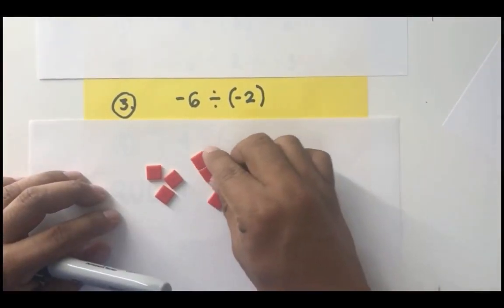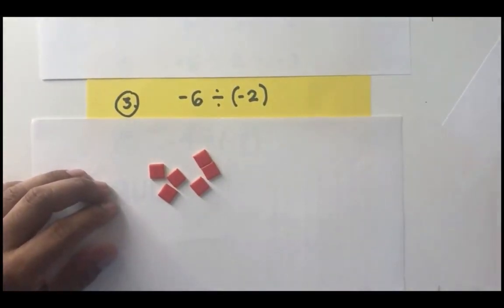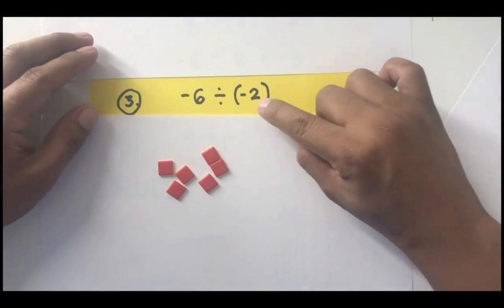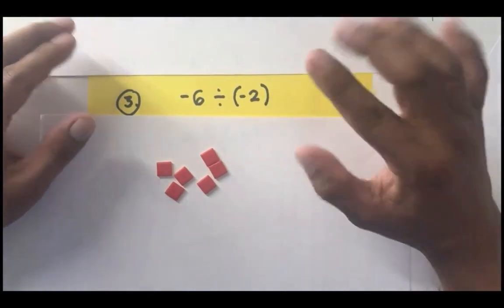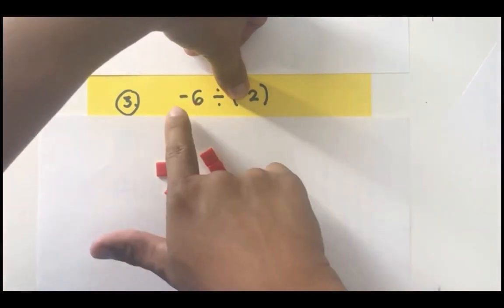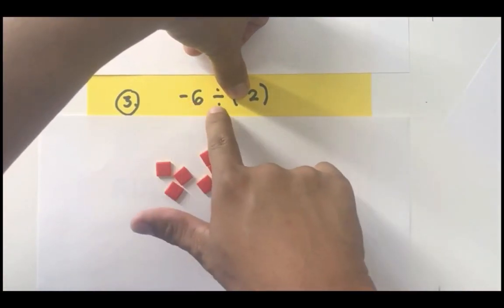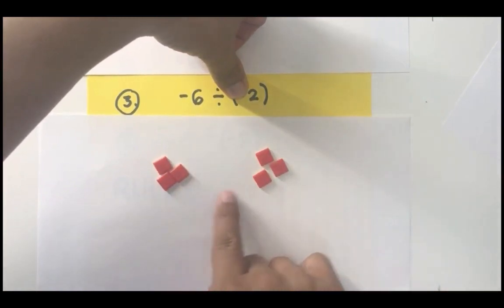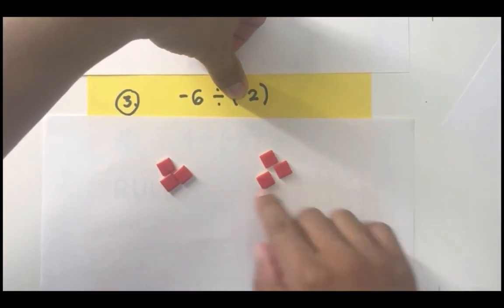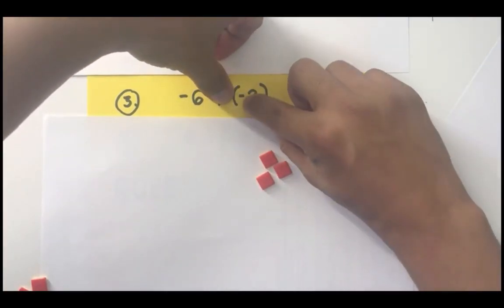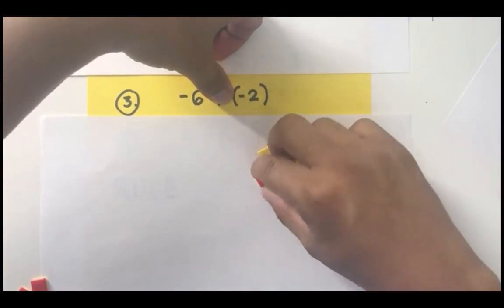Negative 6 divided by negative 2. Again, like in multiplication, it's hard to divide this into 2 negative groups. What you're going to do is cover the sign first. Just think of negative 6 grouped into 2 groups and count how many items are in each group. But because of this negative, we are going to flip this over again.